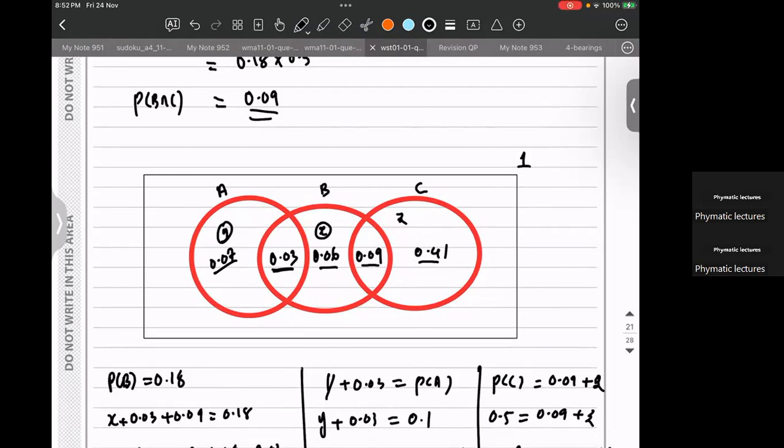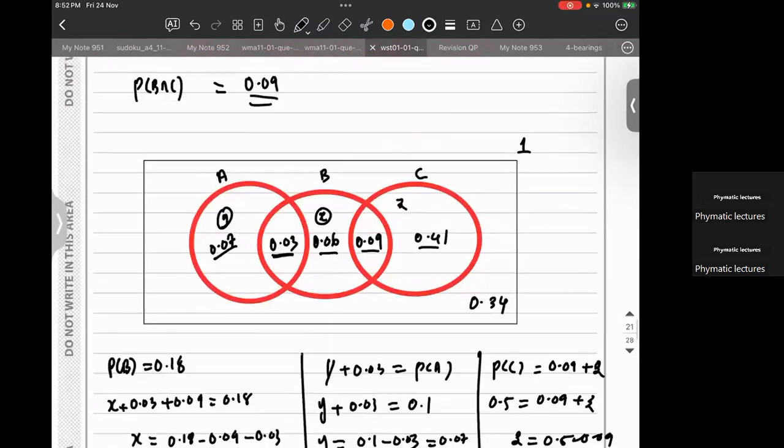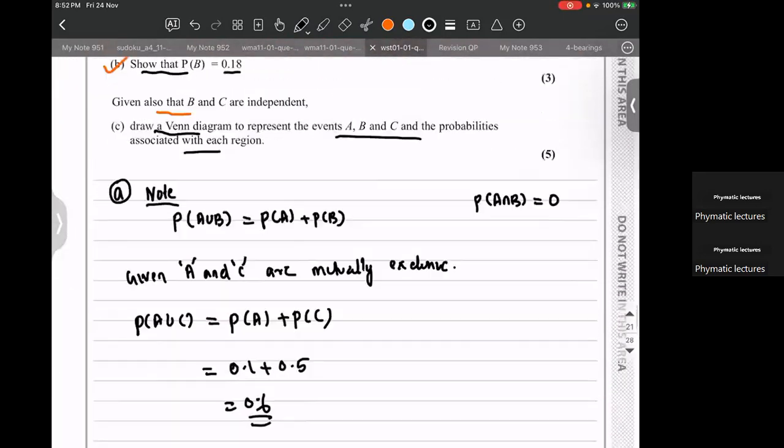So altogether it is 0.66. 1 minus 0.66, that is 0.34. So we'll keep 0.34 because the outside part is 0.34. So that is the completed Venn diagram for this.